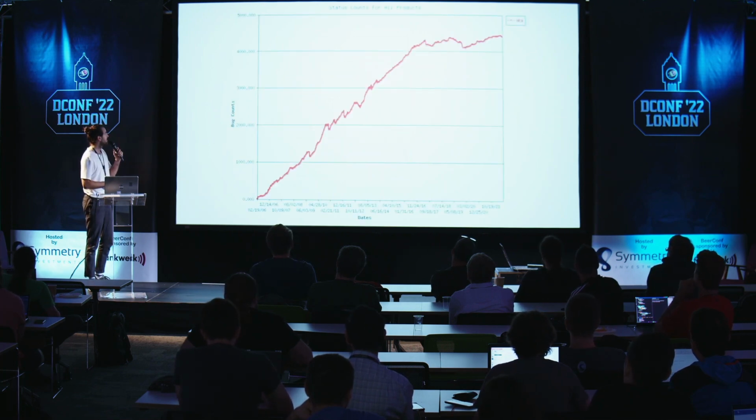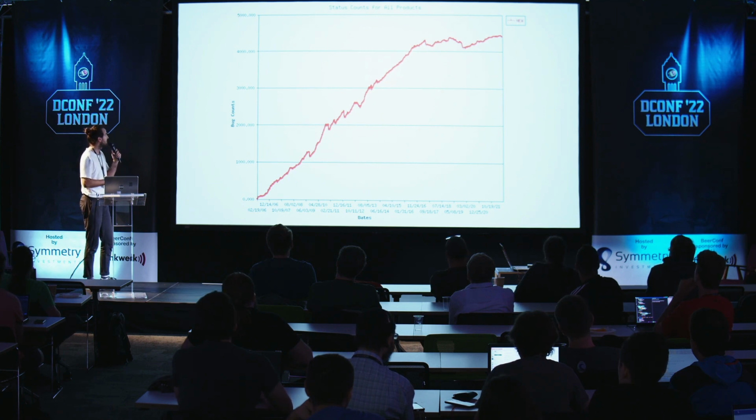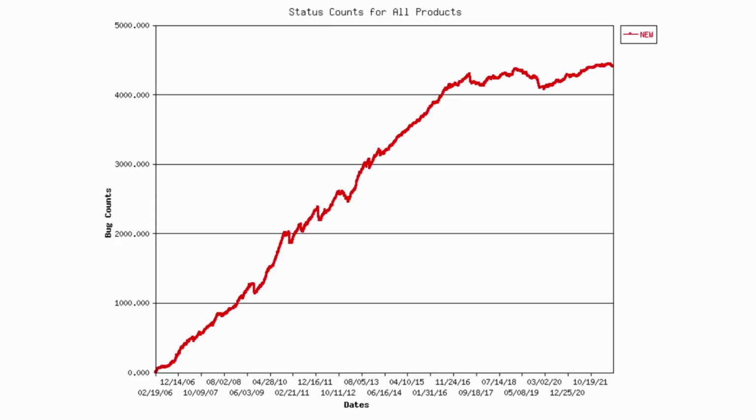Now let's take a look at how the bugs look. I just took this chart from Bugzilla. Apparently Bugzilla can generate some stats. So this is the total number of bugs that have been reported with the new label across the years. We can see that we had an increase of reports up until 2016, 2017, where we started to normalize.